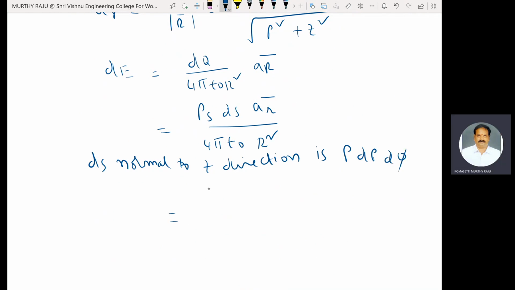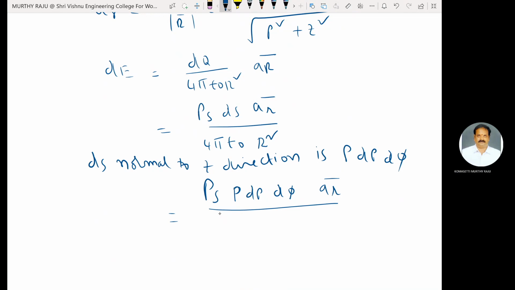Substitute in place of ds: that is rho s, ds is equal to rho d rho d phi, a r bar by 4 pi epsilon 0 into r square.